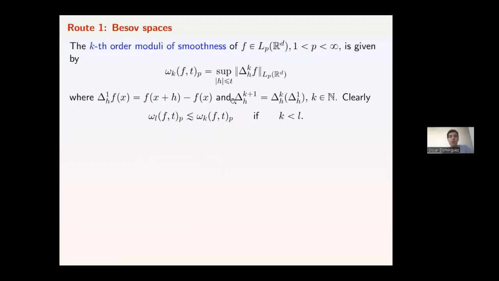One can introduce iterated differences via induction. Here, the parameter k is related to the smoothness of your function, and clearly, if you increase the order, then you are able to get better estimates.